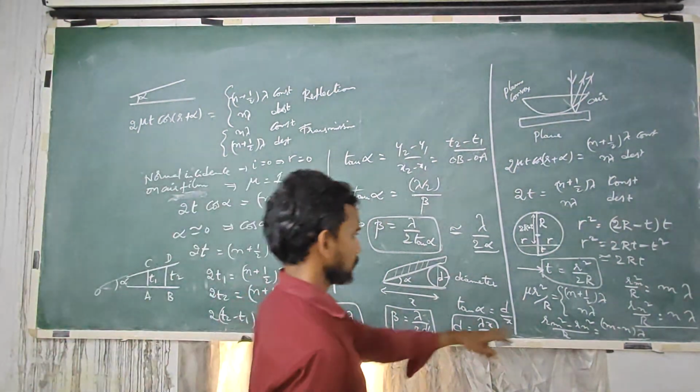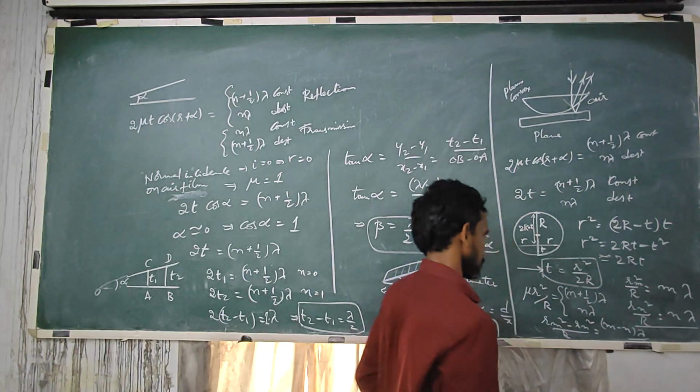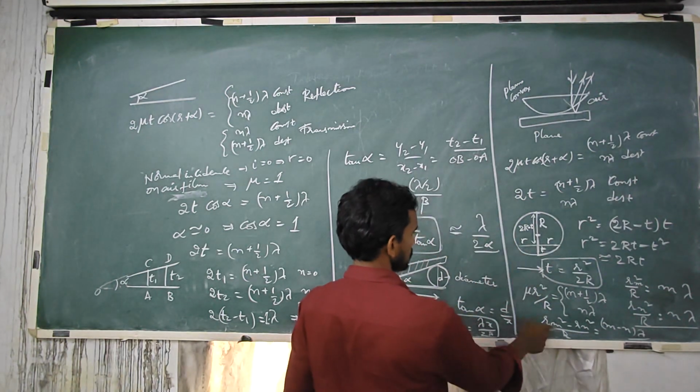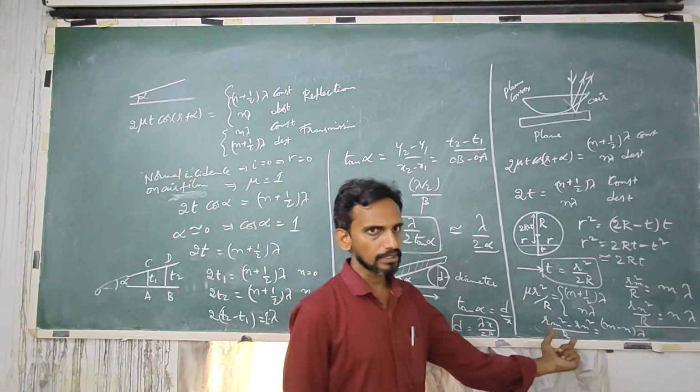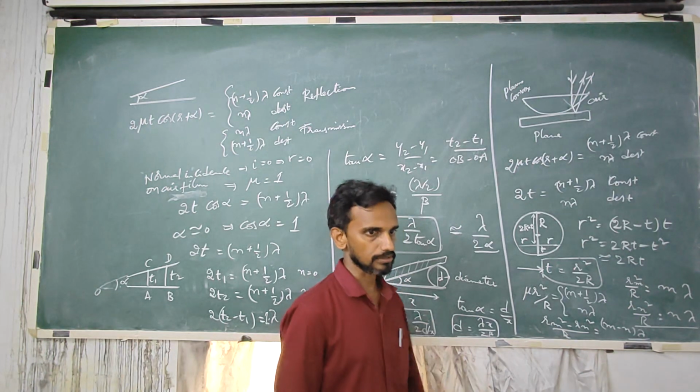And if you consider the diameter of the ring, it is twice the radius.